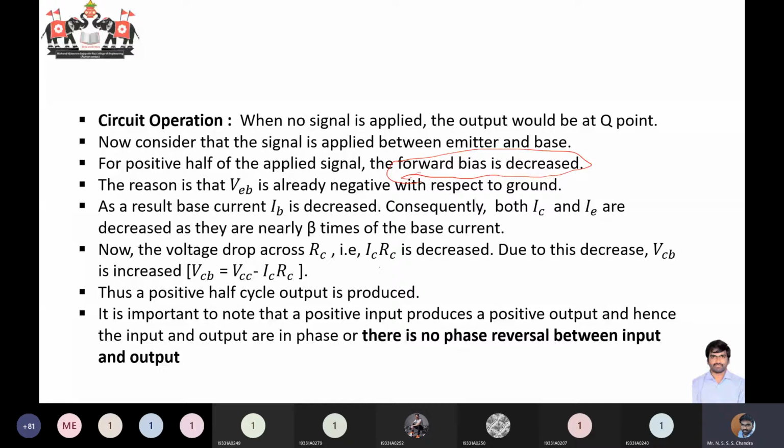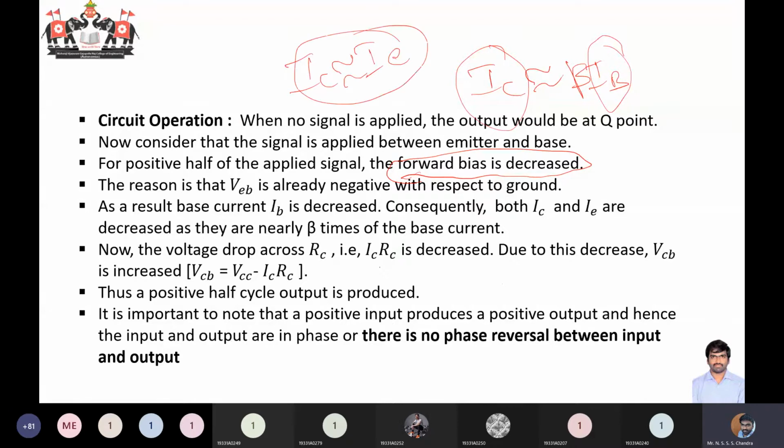So if IB is decreased, it will have an impact on IC and IE, because you know that IC is nearly equal to beta times IB. If your IB is decreasing, it will have an impact on IC, and you also know that IC is nearly equal to IE, if not exactly equal. So obviously both IC and IE values will also be decreased.